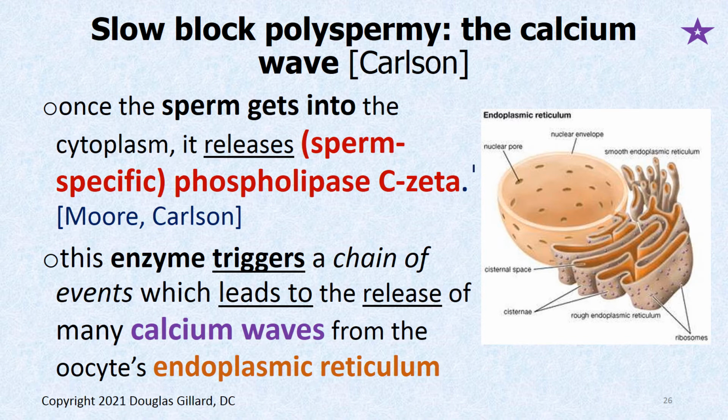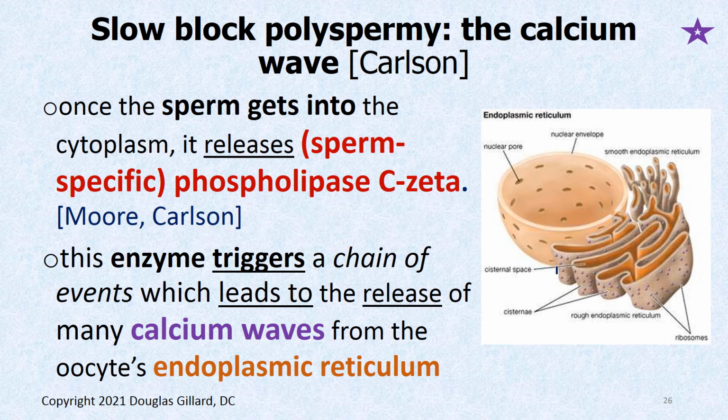So once the sperm gets into the cytoplasm through mechanisms we won't talk about, well, I guess we will talk a little bit about it, but we're not going to go crazy into this. The remnants of the sperm release an enzyme called phospholipase C zeta.